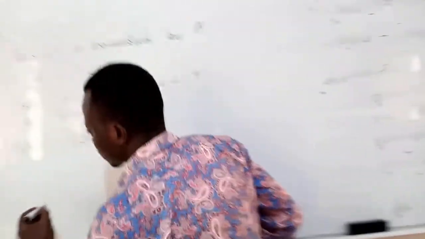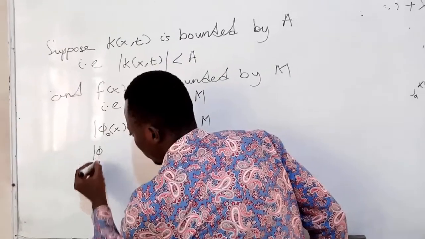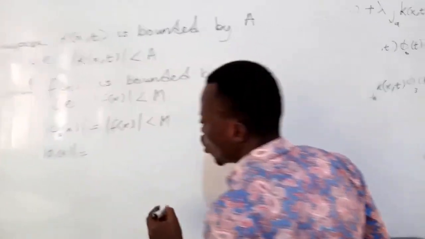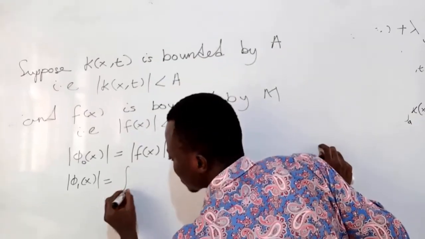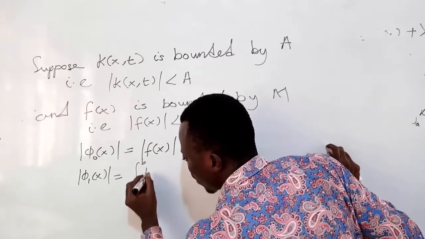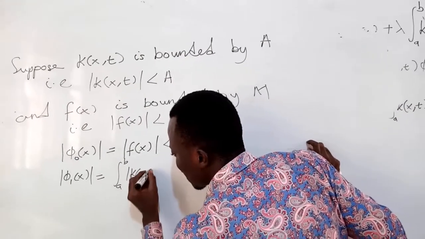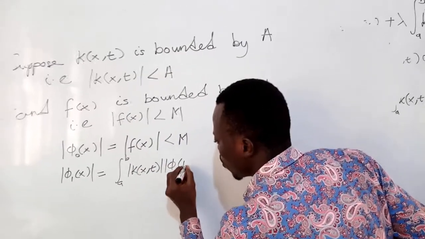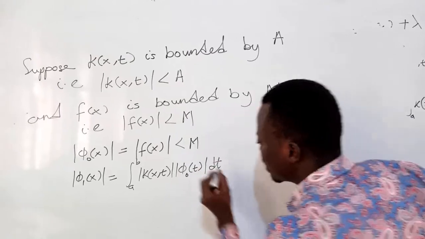And the next one, phi 1 of s. The absolute value of phi 1 of s is equal to the integral from a to b of the absolute value of k of s t times the absolute value of phi naught of t dt.